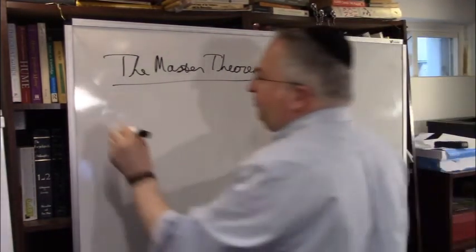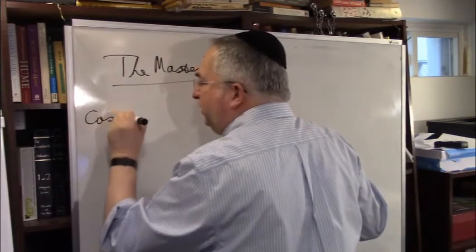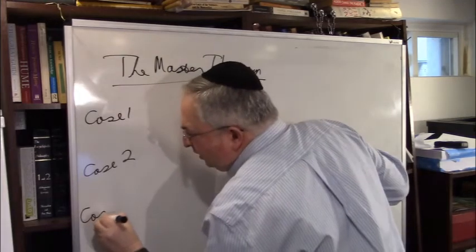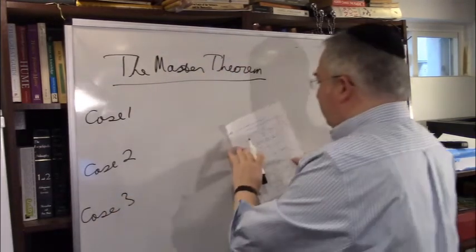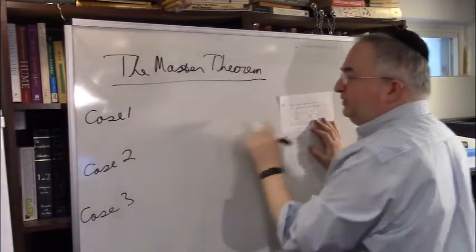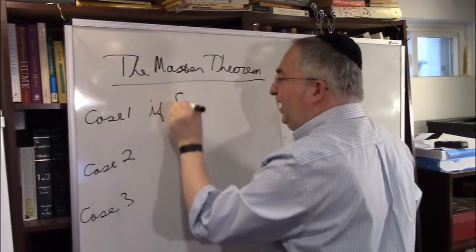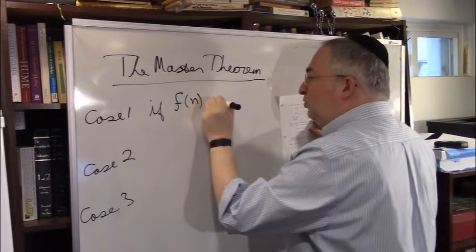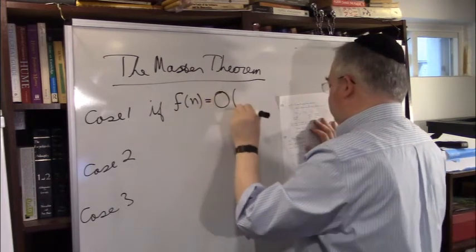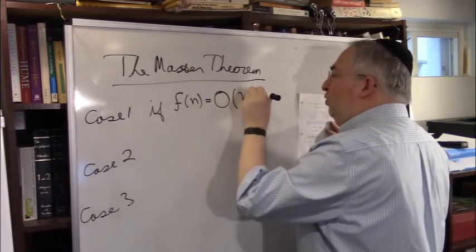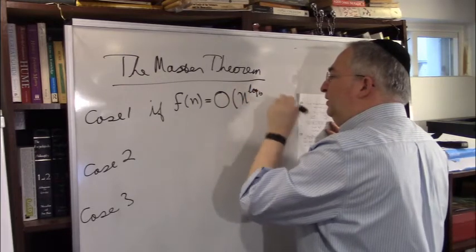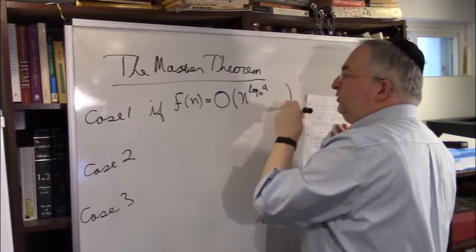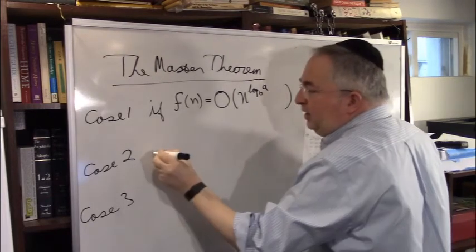Okay, there are three cases: case 1, case 2, case 3. There are three possibilities. If f of n grows slower than n to the log base b of a, leave me a little room here and I'll explain why.